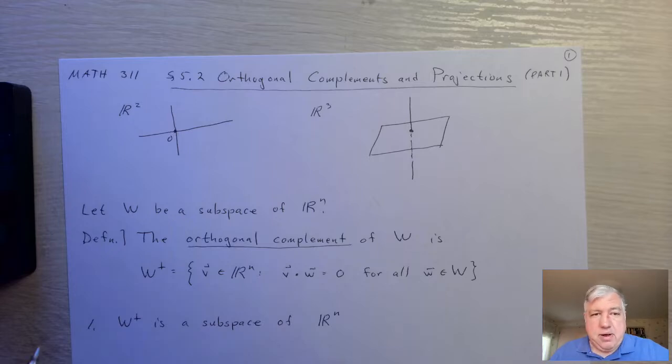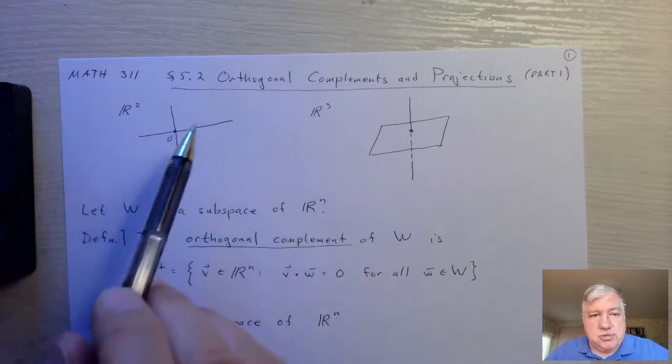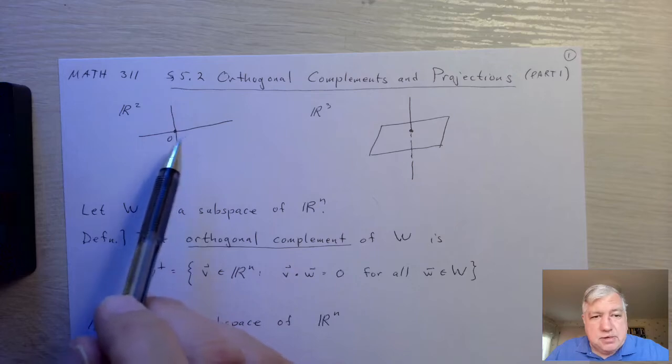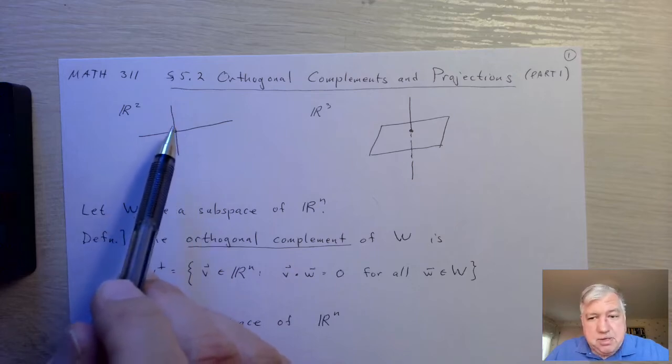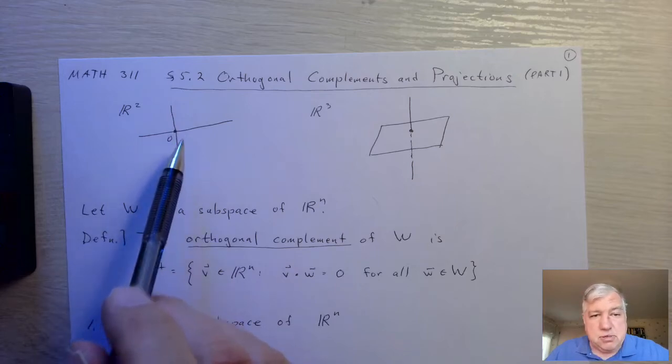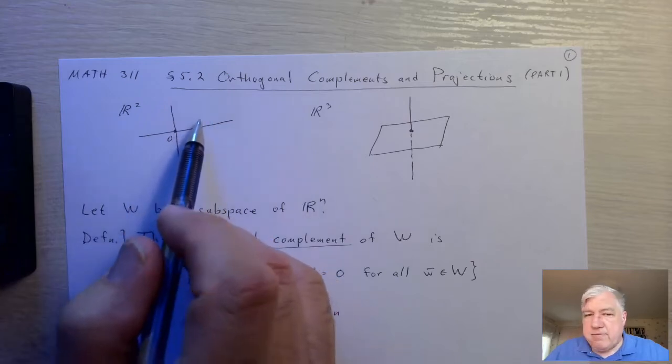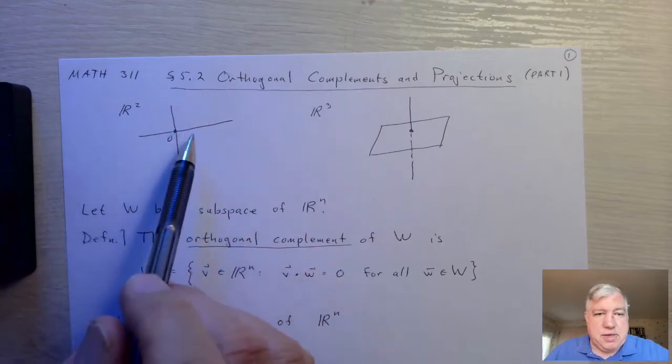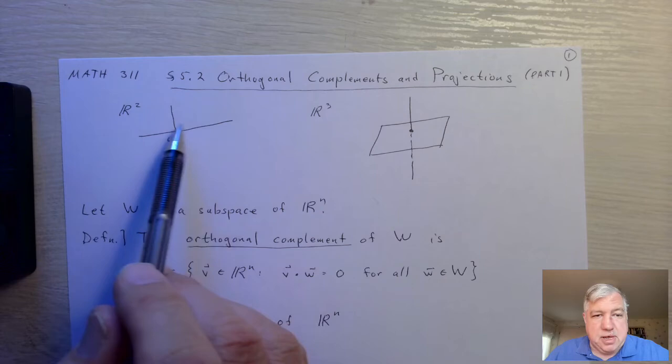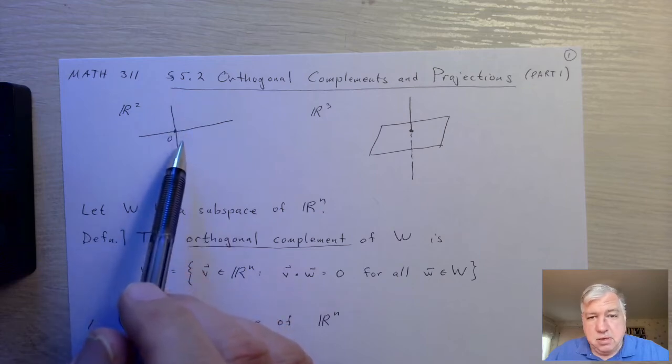You'll notice that this is not necessarily the x and y axis, but in some ways it might as well be. We're going to see that every vector in R2 can be written as a sum of something from this line plus something in this line.